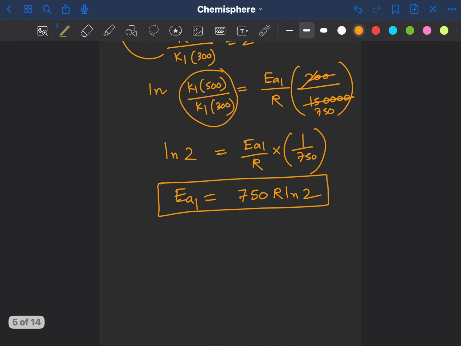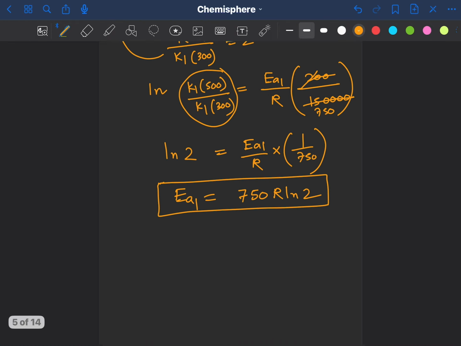So I will write it down: minimum extra amount of energy absorbed by reactant molecules, so that their energy becomes equal to threshold value. So that is known as activation energy, which is represented by EA.